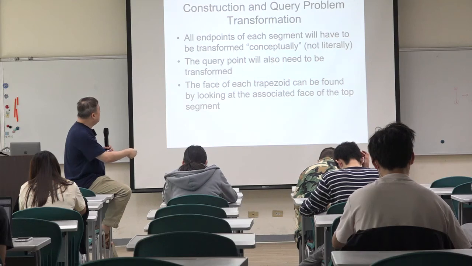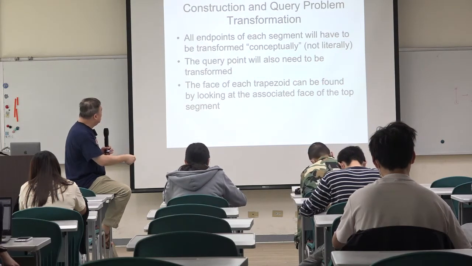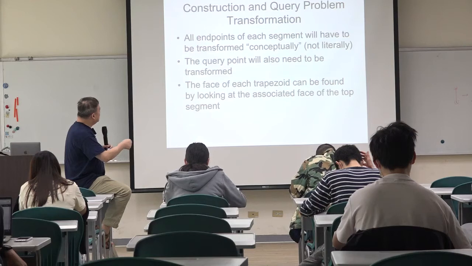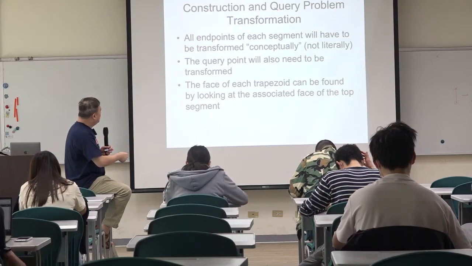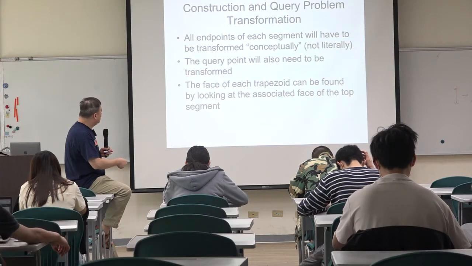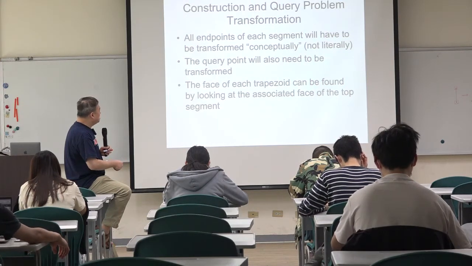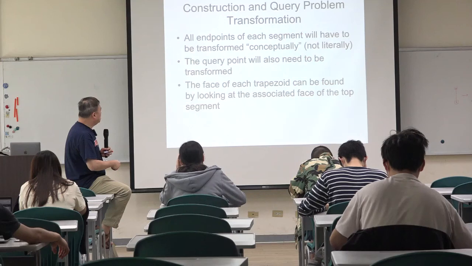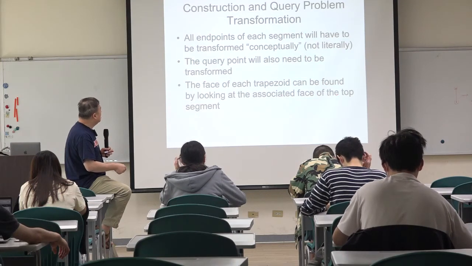The query point will also need to be transformed, obviously, in order for the whole process to be correct. And the face of each trapezoid can be found by looking at the associated face of the top segment.